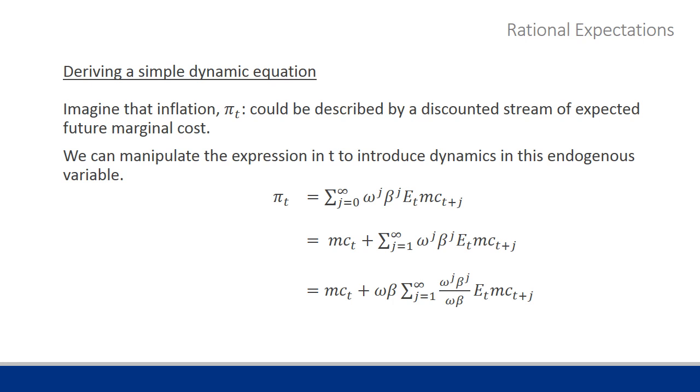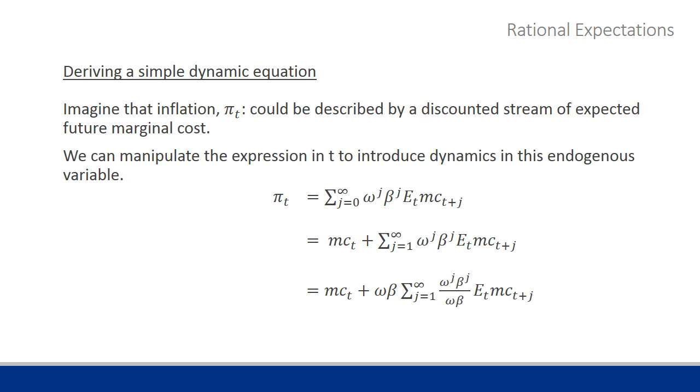So where pi t, here on the left hand side, is equal to a future discounted stream of expected marginal cost, then we can take this equation, manipulate it, and express pi t as a difference equation. In other words, inject some dynamics into the process of inflation.